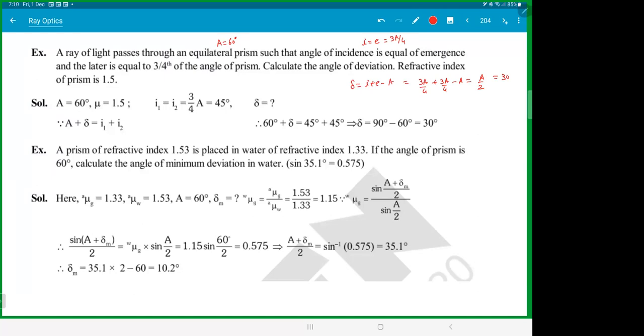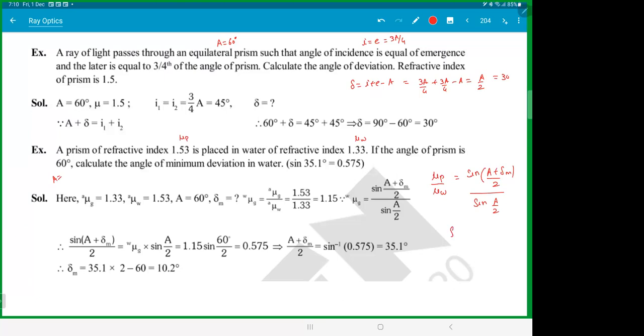Next example, have a look at that. Prism index placed in water. So mu prism by mu water is sine of (A plus delta minimum) by 2 by sine A/2. You know everything. This is mu prism. This is mu water. Angle of prism is 60.